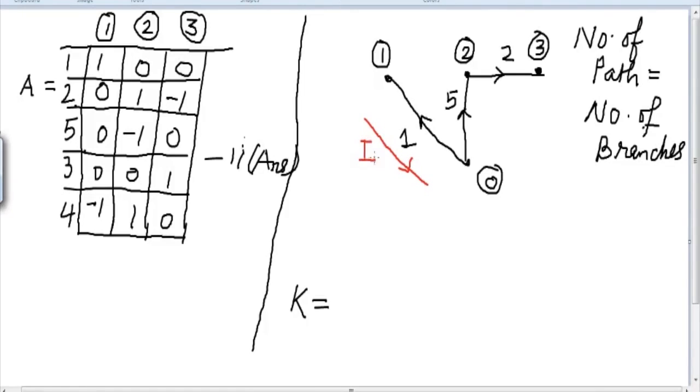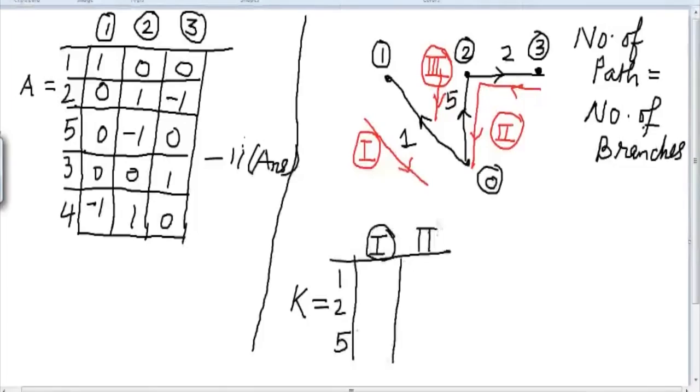I will give this the name 1, and then this is 2. This 2 will be in this way. And similarly path number 3. In this way there will be 3 paths in this particular matrix K.